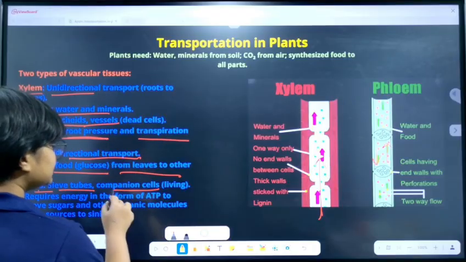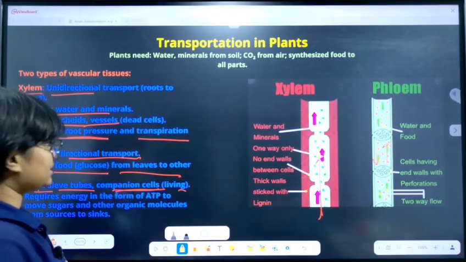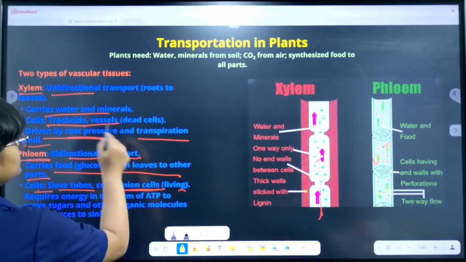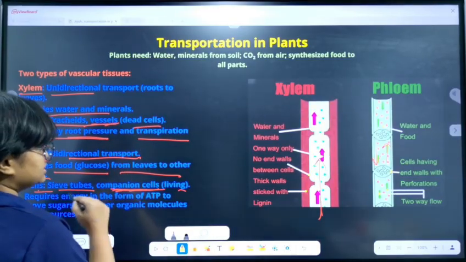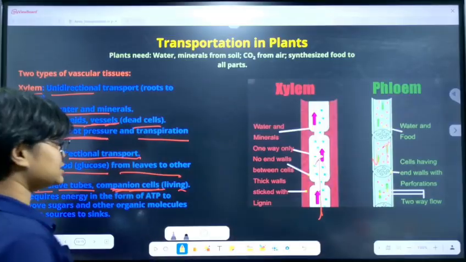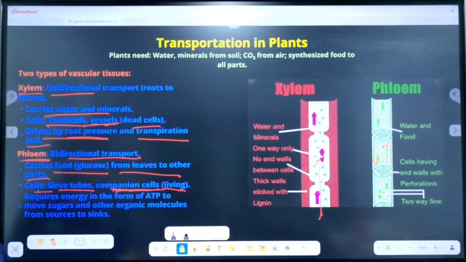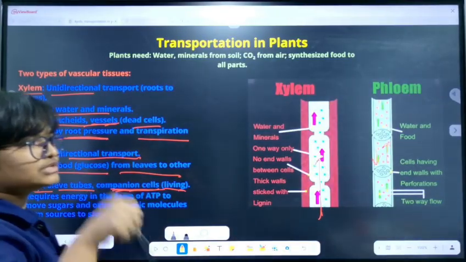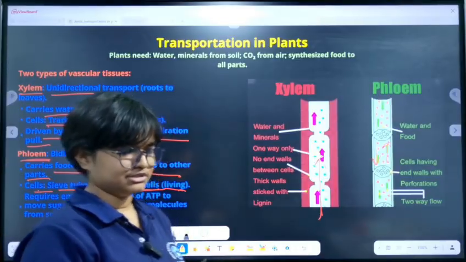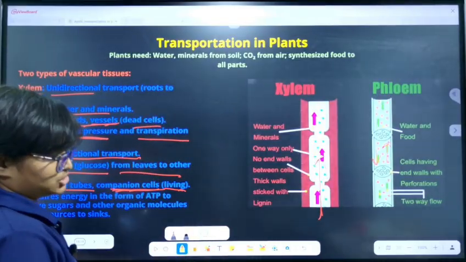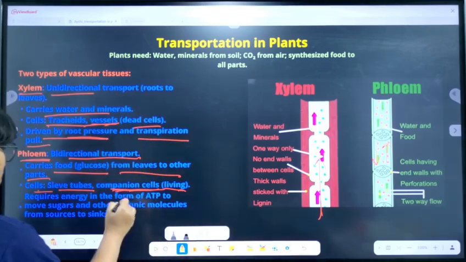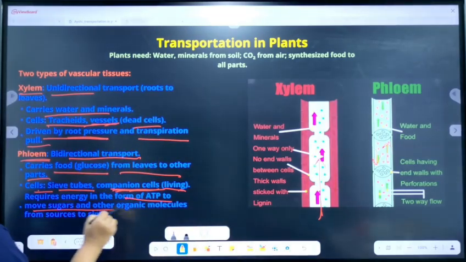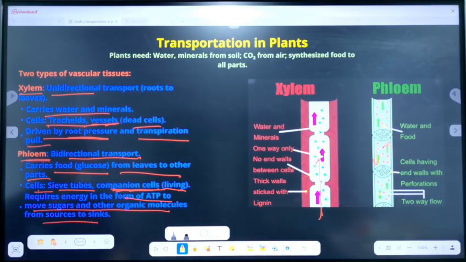Okay, and these are living cells. Like in xylem, these vessels are all dead, and in the phloem, these companion cells are living. And to do this bidirectional process, they need energy, and this energy, it's obviously ATP.